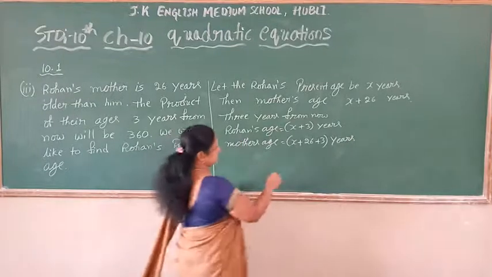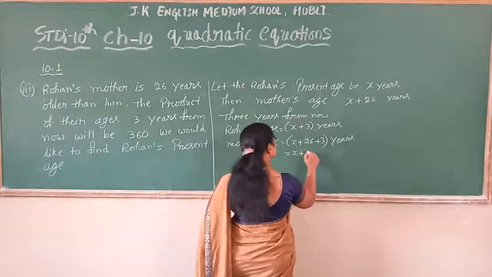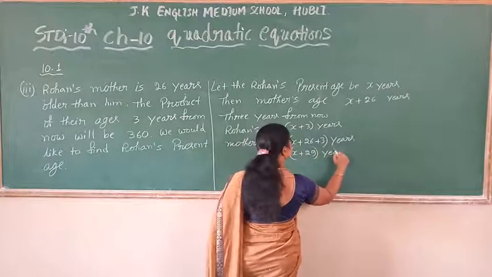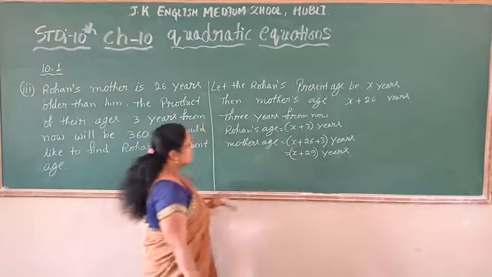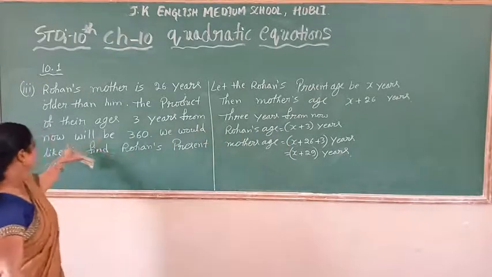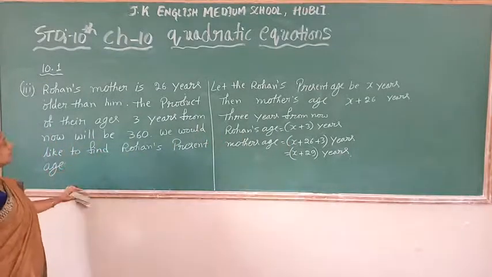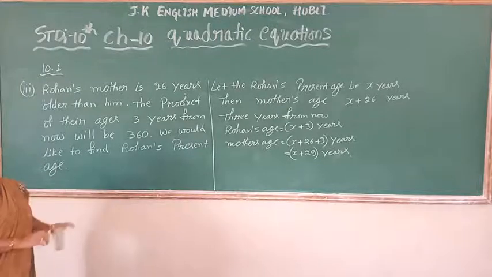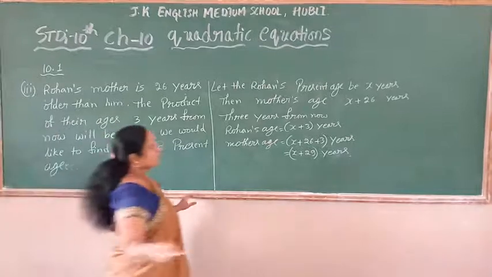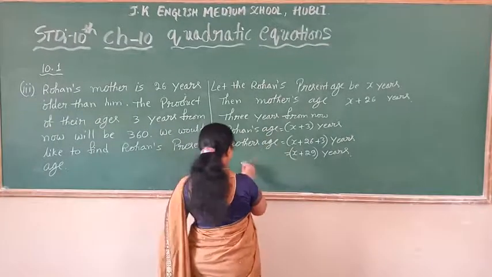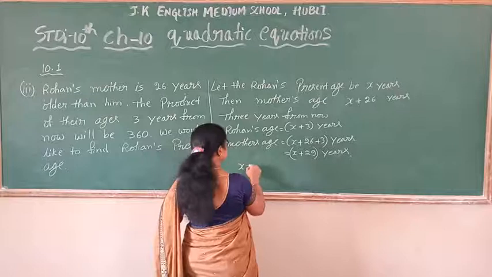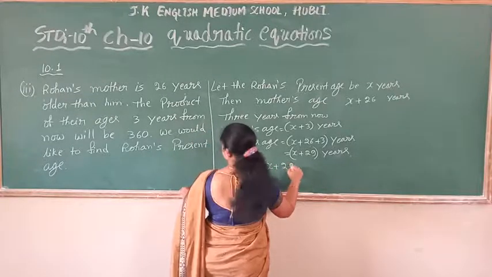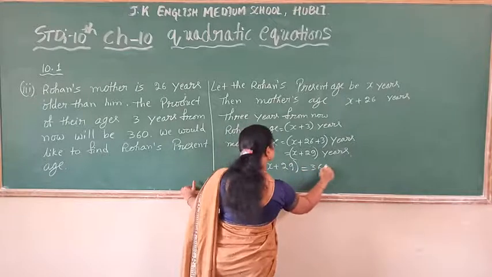So it becomes X plus 29. 26 plus 3 is 29. The product of their ages 3 years from now will be 360. That is, X plus 3 into X plus 29 is equal to 360.